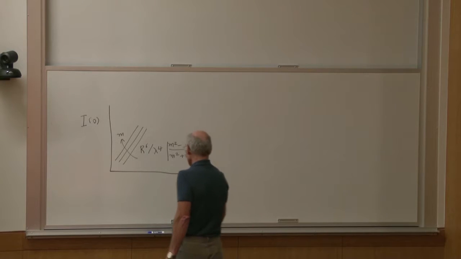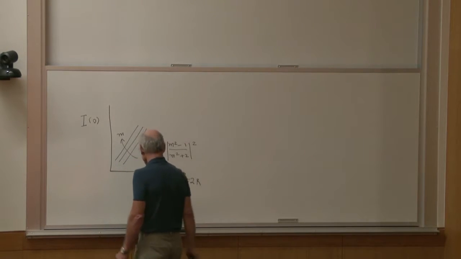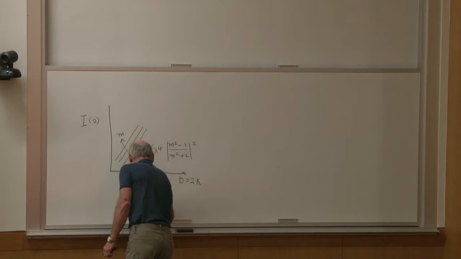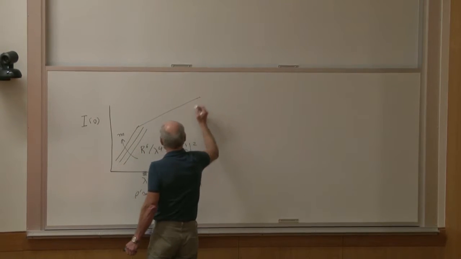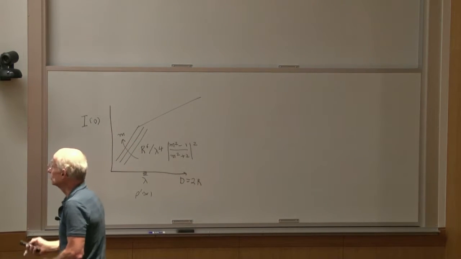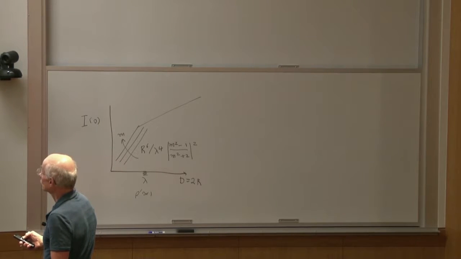But somewhere, once again, around lambda as far as size is concerned, but more precisely, somewhere around rho prime equal to 1, these all cross over to a different functionality, which if you take a look, you've got a single r in rho, but we're squaring it, right?